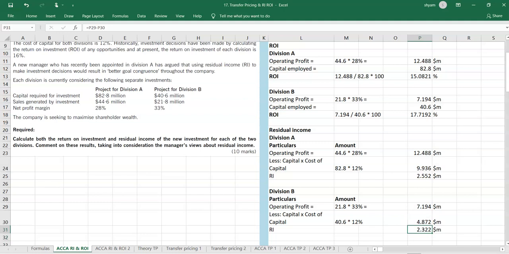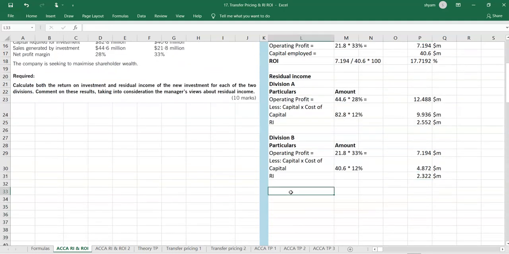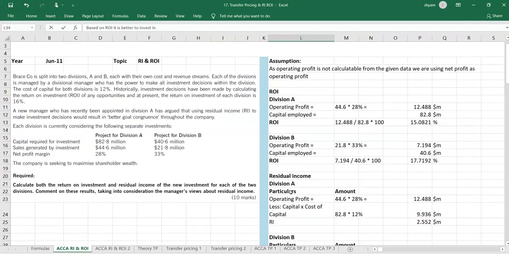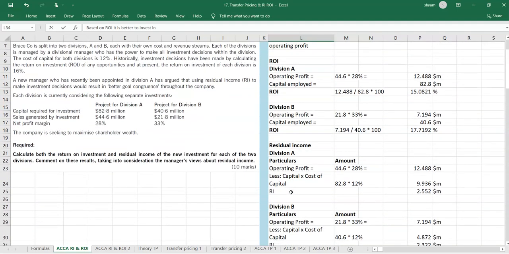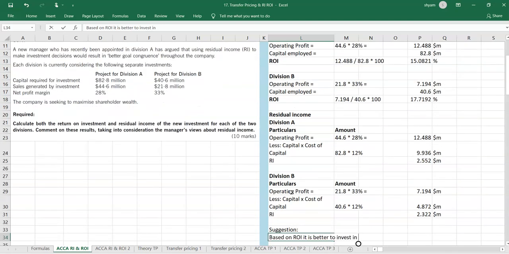Okay, so first we'll give our suggestion. Based on our ROI, it is better to invest in which project? We have two projects and division B seems to be much better.